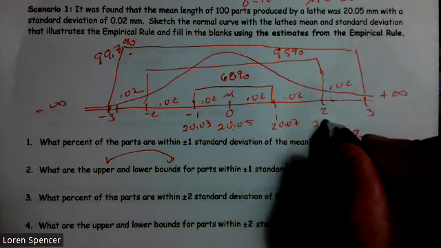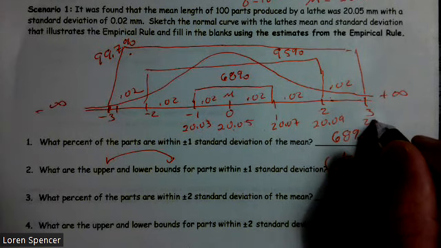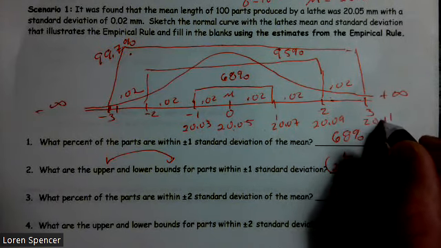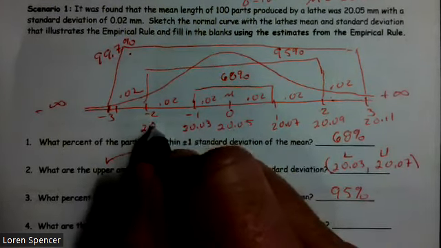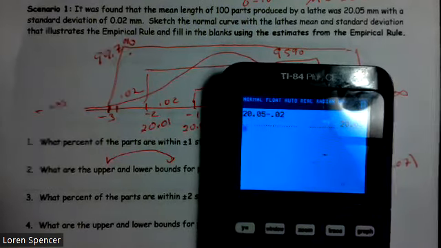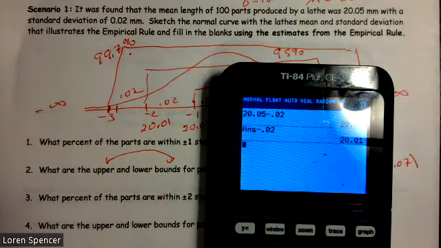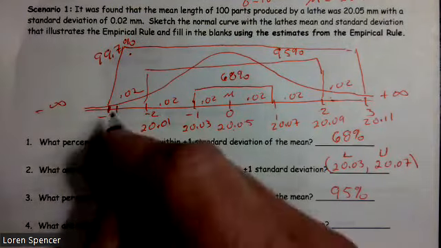So this is 20.09. I added 0.02. I add another 0.02, and I get 20.11. Taking away, this becomes 20.01, because all I did was take 0.02 away. Take it away again, and I get 19.99.